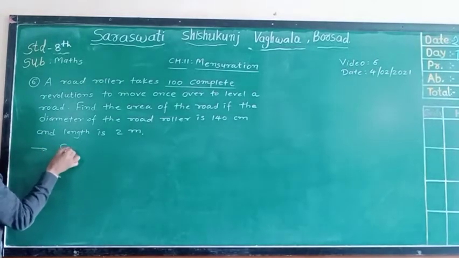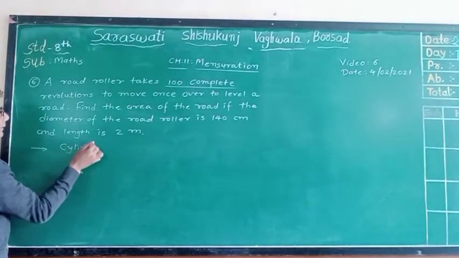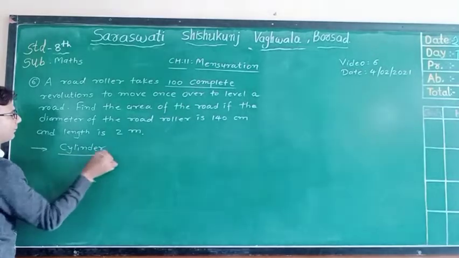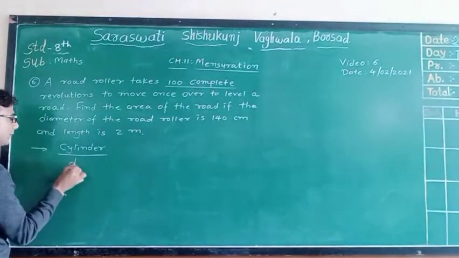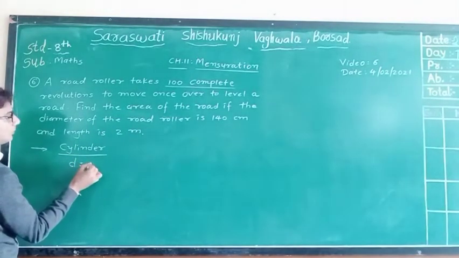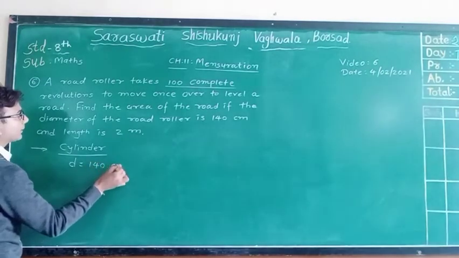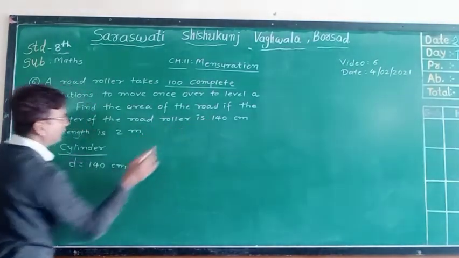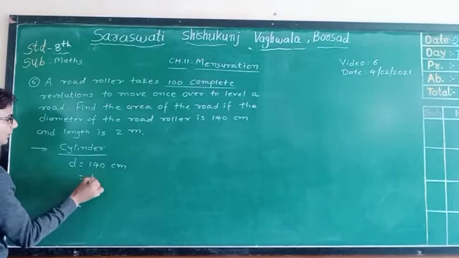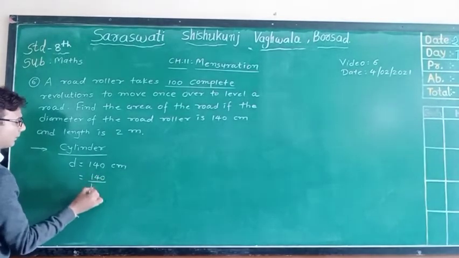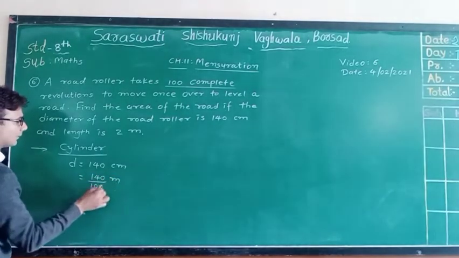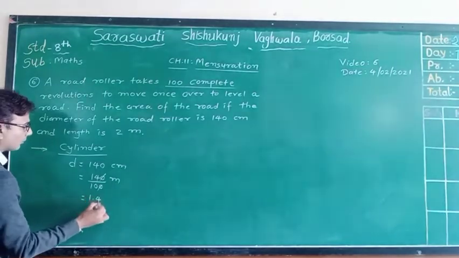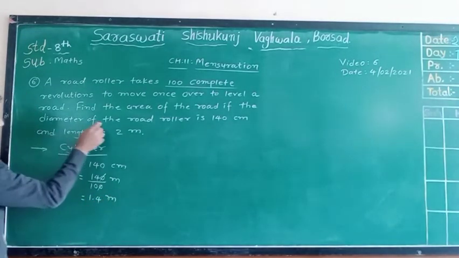See, this cylinder which is given has diameter equal to 140 centimeter. So we have to convert this centimeter into meter, so I have to divide by 100. So 1.4 meter is the diameter of the roller.